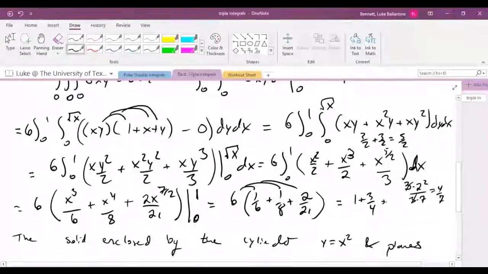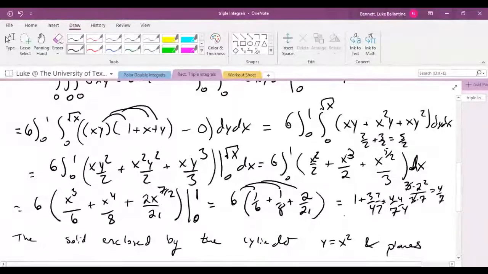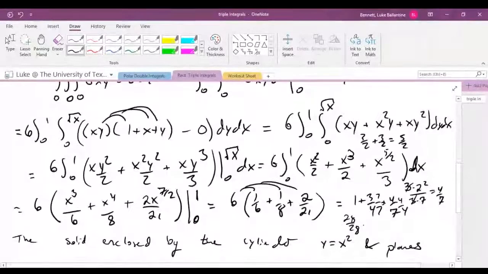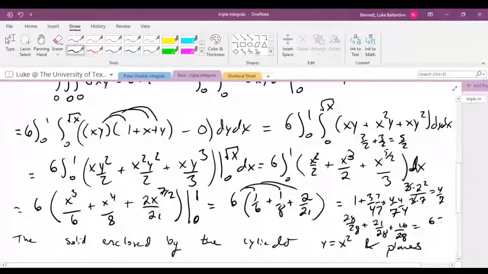By 7 over 7, 4 over 4, we get 28 over 28 plus 21 over 28 plus 16 over 28. 28 plus 21 plus 16 is 65 over 28. That's the answer.